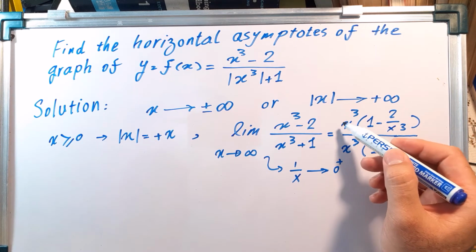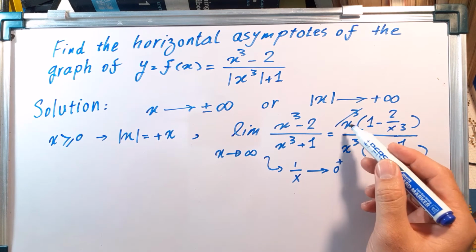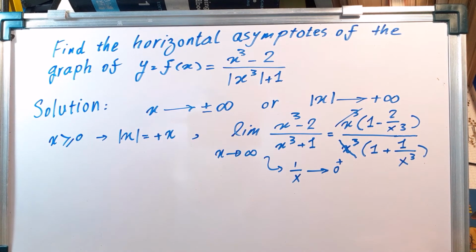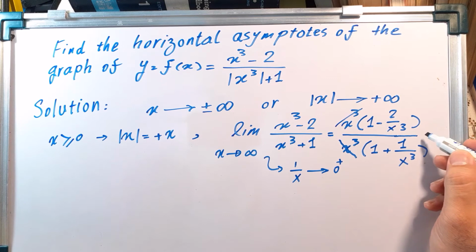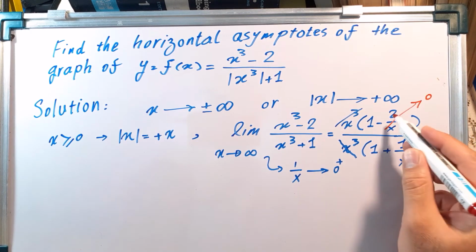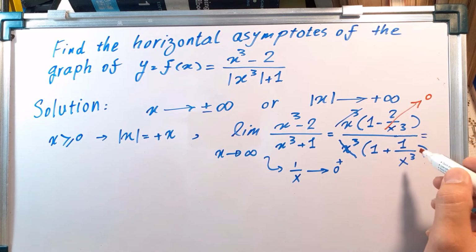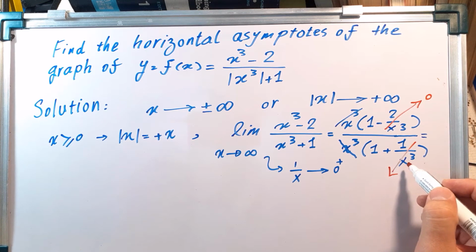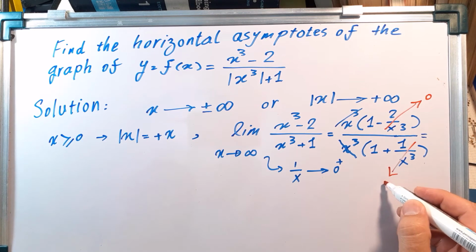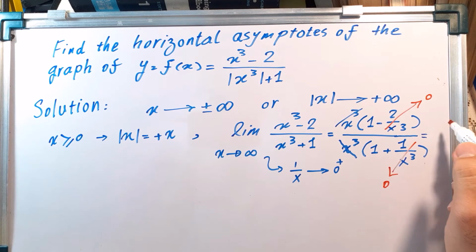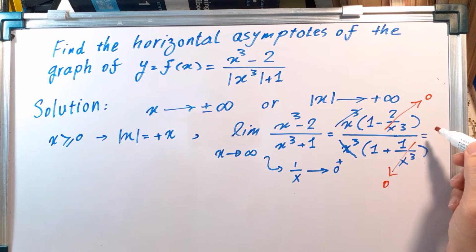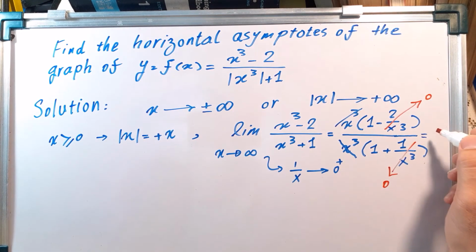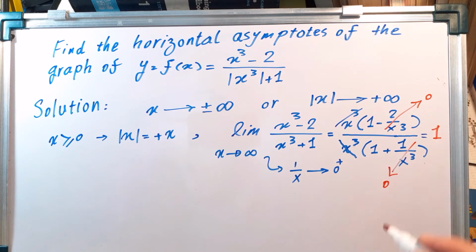So here this x to the power 3 and this x to the power 3 will cancel out, and 2 over x to the power 3 and 1 over x to the power 3 both approach 0. And the answer of this limit is 1.